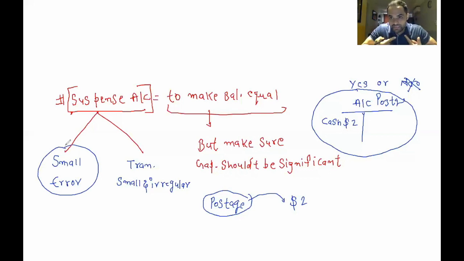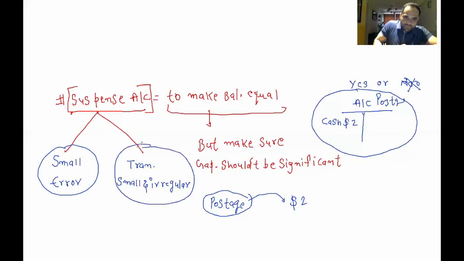That means you're making a mistake, which gives very bad impacts to your boss or to the shareholders or to someone else. All right, that's the reason to prepare suspense accounts, most of the time.